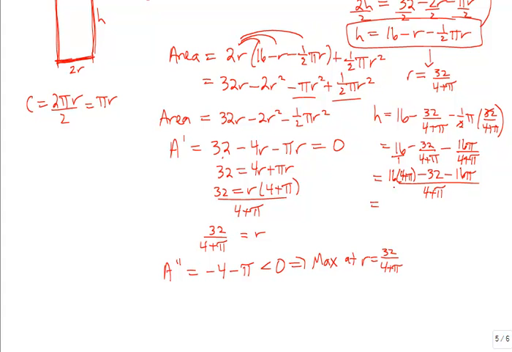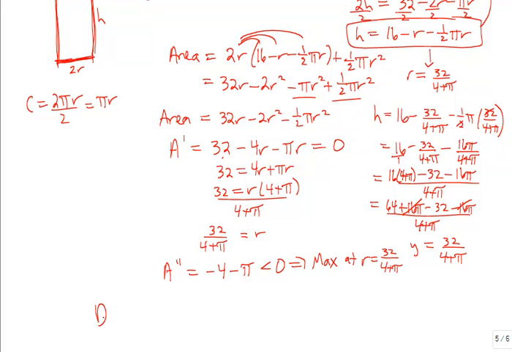And when I distribute, I'm going to get 64 plus 16 pi minus 32 minus 16 pi. So the 16 pi's cancel, and 64 minus 32 is 32 again. So what this shows us is that the height is also 32 over 4 plus pi.